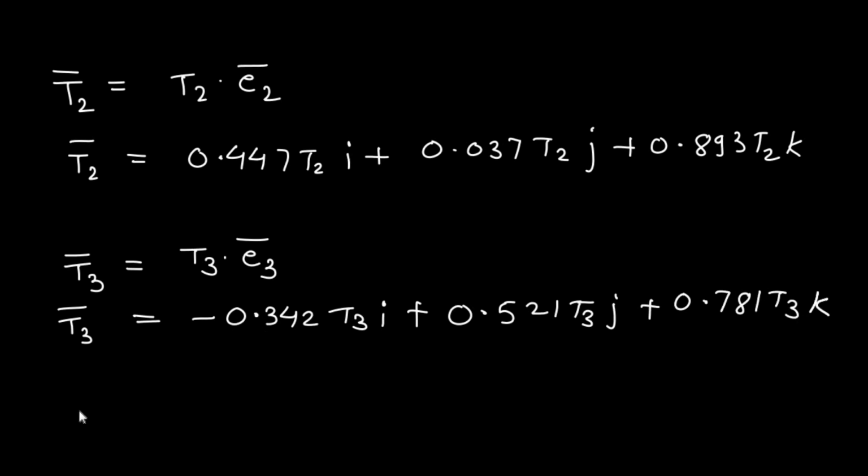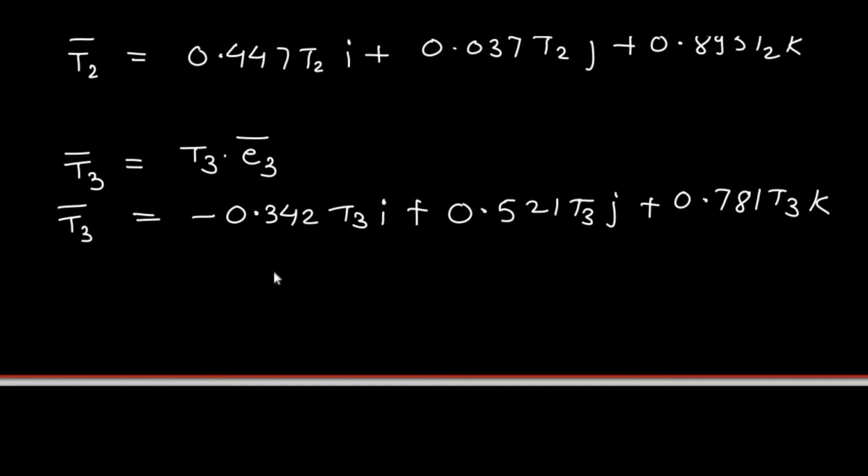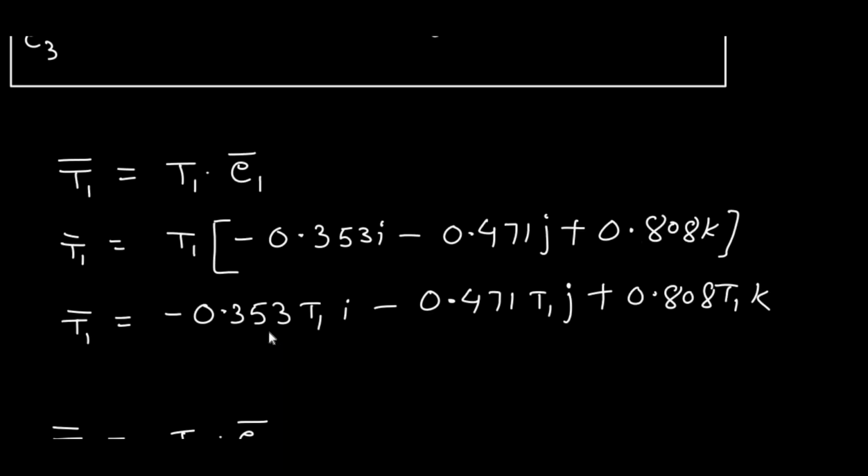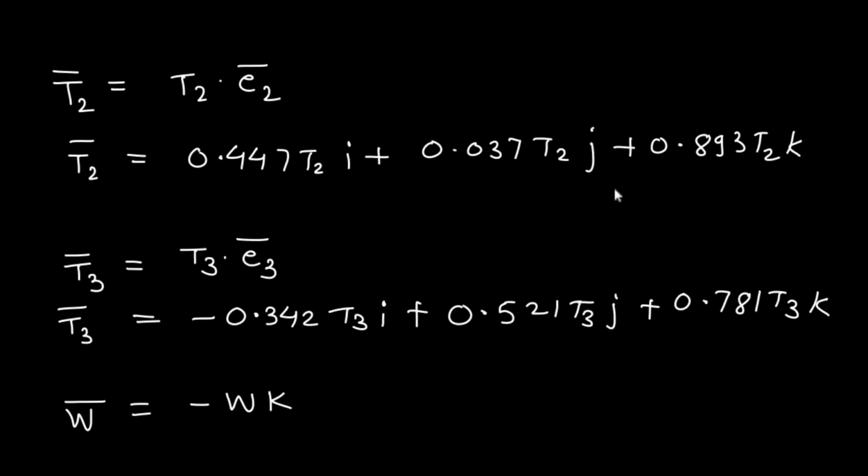And the last relation is for W, which is acting along the Z direction. So W vector is equal to minus W into k, because along that it is k. So let us say this is our equation number 1. This is equation number 2.